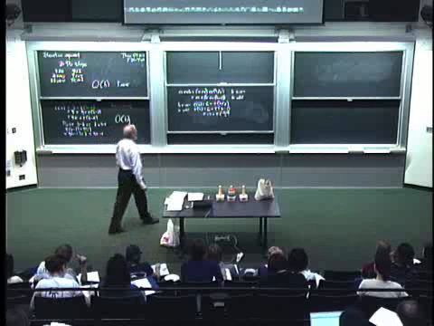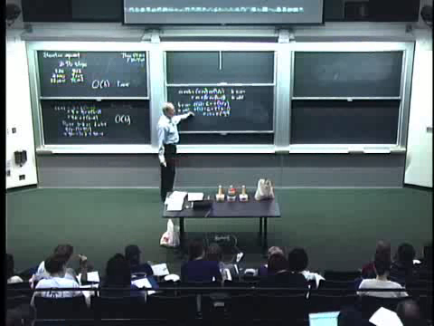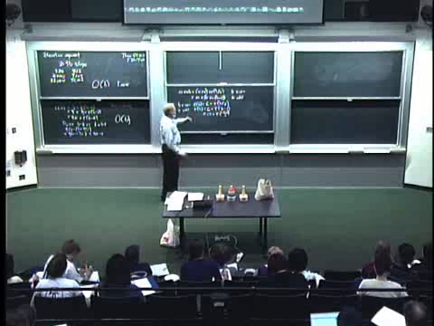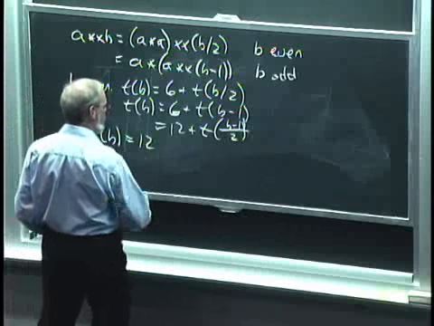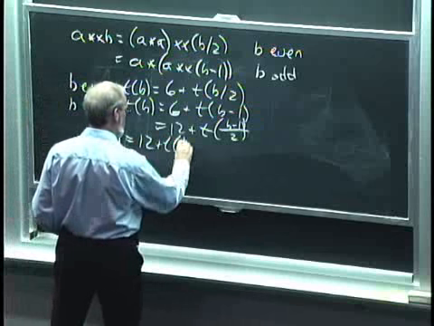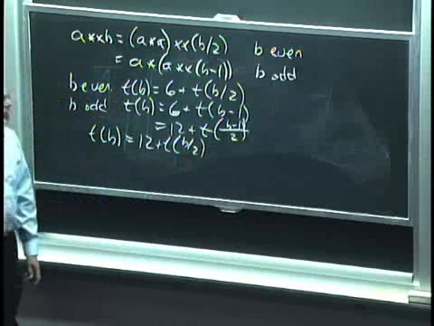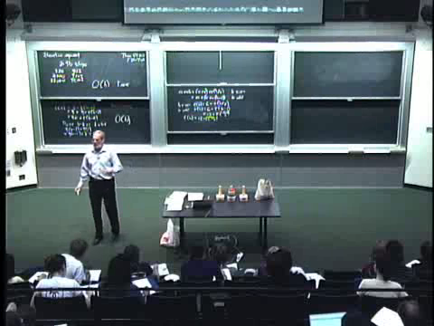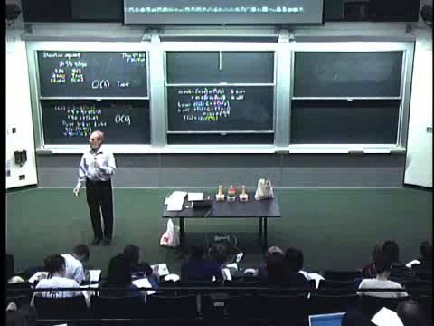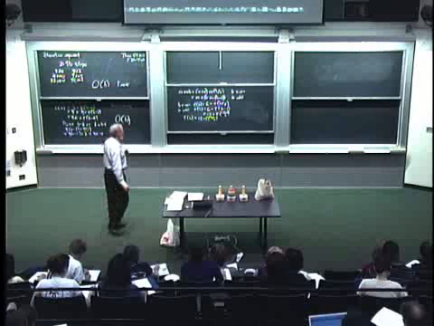What I now have, though, is a nice thing. It says in either case, in general, t of b, and this is where I'm going to abuse notation a little bit, but I can basically bound it by 12 steps plus t of b over 2. Okay, the abuse is, it's not quite right. It depends whether it's already even, but you can see in either case, after 12 steps, 2 runs through this, I'm down to problem size b over 2.